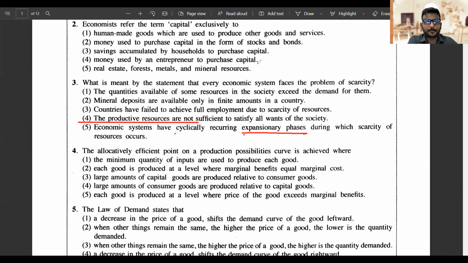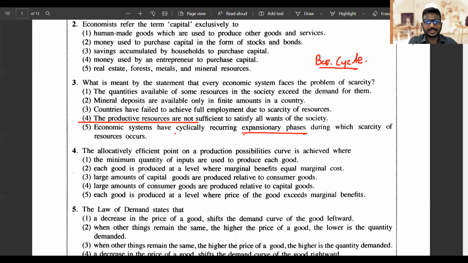Very good, Kanishka. Under something called the business cycle. Why is that, Inusha? It's called the business cycle, right?